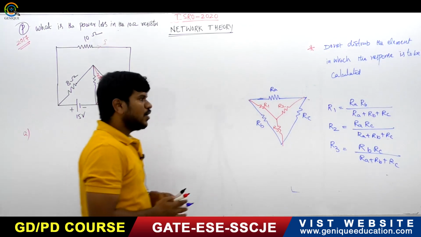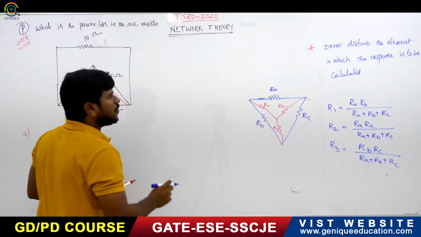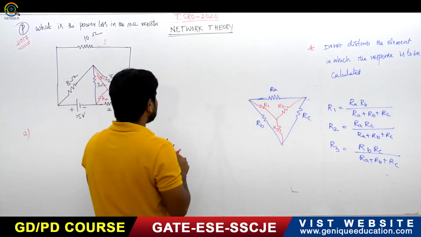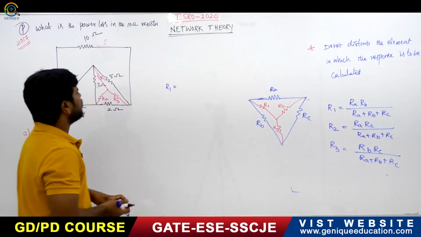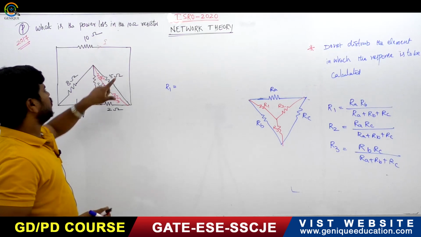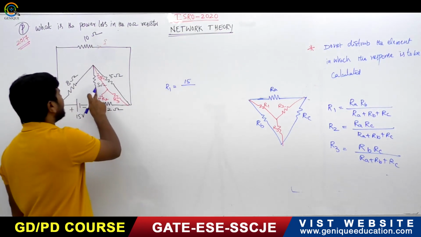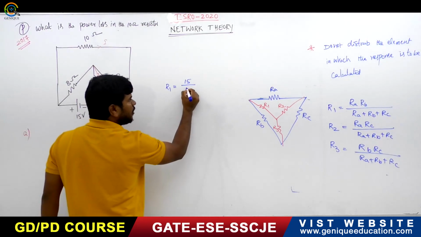Now how can we find R1, R2, R3 here? R1 is equal to the multiplication of these two, which is 15, divided by the sum 3 plus 5 plus 2, which is 10.